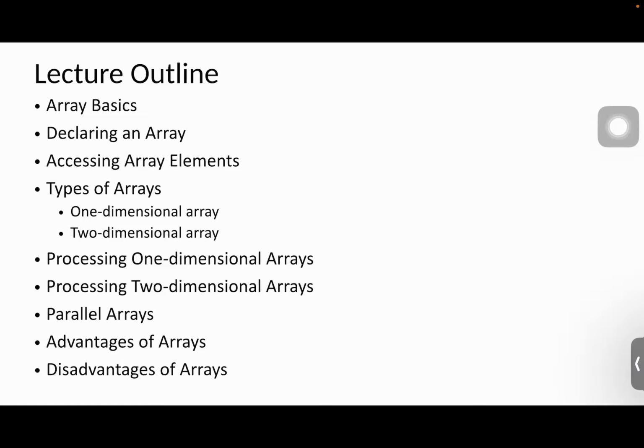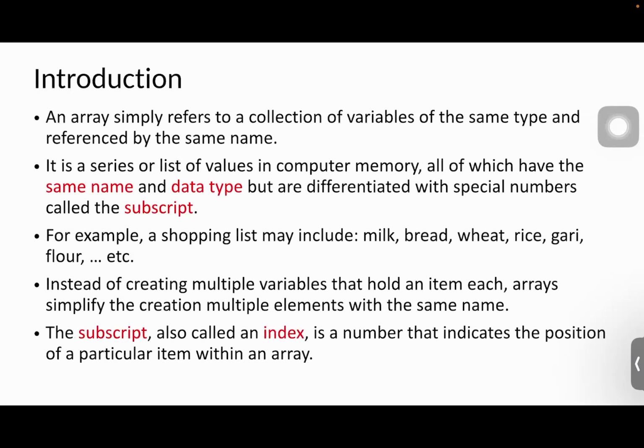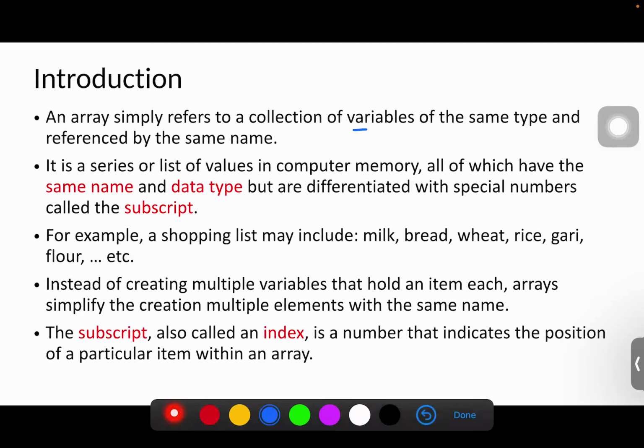So let's proceed. Now, when we say an array, what is an array? An array is very simple. It's simply a collection of variables of the same type with the same name.